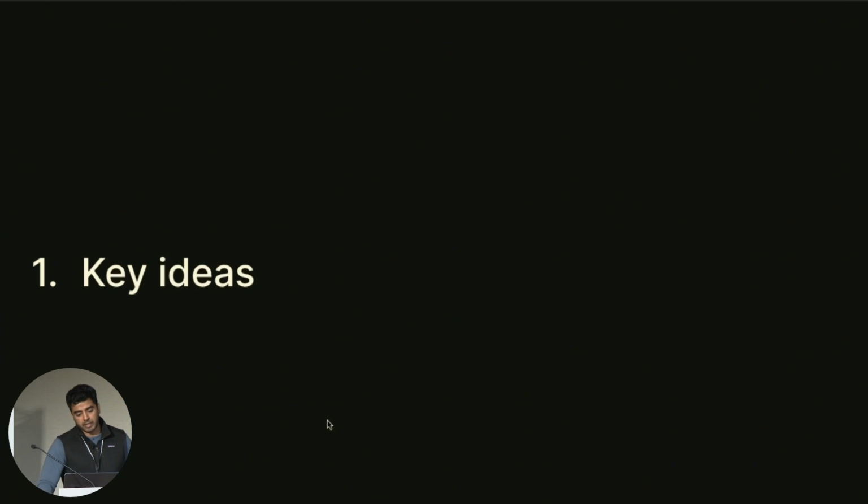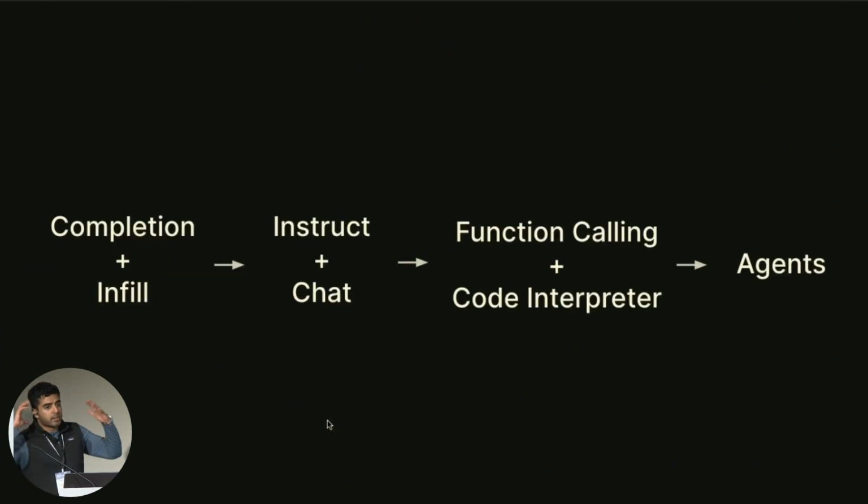So moving on to the key ideas, this is roughly the framework in my head for the movement from LLMs to agents. You started with completion and infill. You moved to instruction, GPT Instruct, and then chat. ChatGPT became a viral phenomenon. You then moved to function calling, where you fundamentally made the LLM learn how to use something outside just the document it's working with, so it needs to be able to make tool calls, function calls, API calls, and so on.